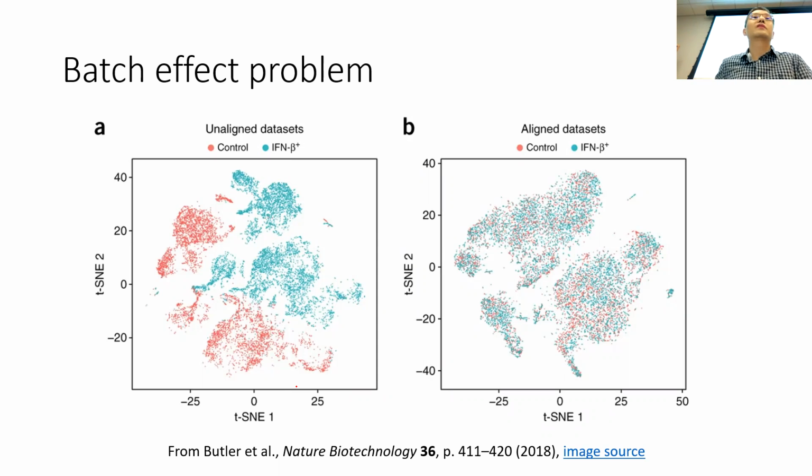And once you plot those cells in a t-SNE plot, most likely they will be separated into two different large clusters. In this case, if you believe there's a good reason that they shouldn't be like that, then you can do the batch effects correction. But I have to warn you before we move on.